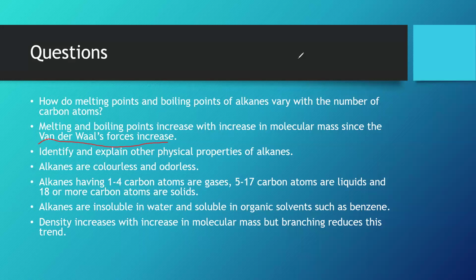And then density increases with increase in molecular mass, but branching reduces that trend. For example, when you cast a small stone into the water, it will sink. And when you're looking at a bigger stone, it will also sink in water. But when you're looking at a piece of wood, you realize that it will only float on what? On water.